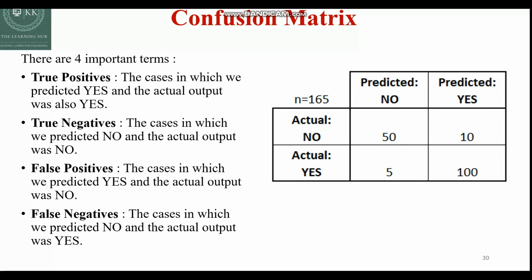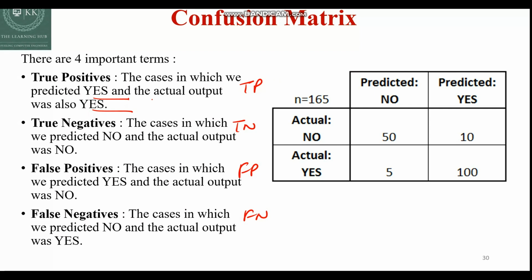So before proceeding further, let's discuss what is meant by true positive, for short known as TP, true negative TN, false positive, and false negative, which are useful terms in this case. True positives are the cases in which we predict yes, and it is actually yes.